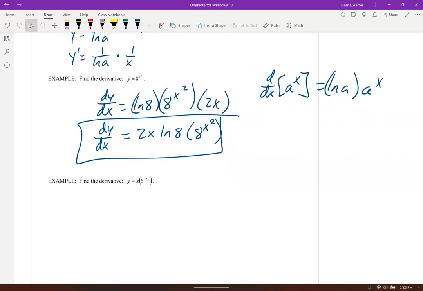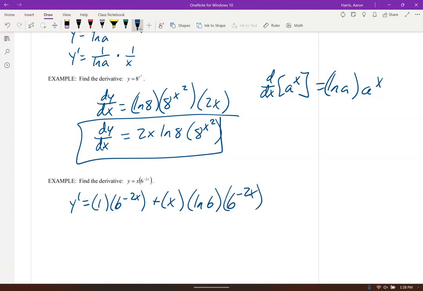Let's do it with a product rule here. So y prime would be derivative of the first times the second plus the first times the derivative of the second. So now we got ln of 6, 6 to that, and then derivative of negative 2x, negative 2.